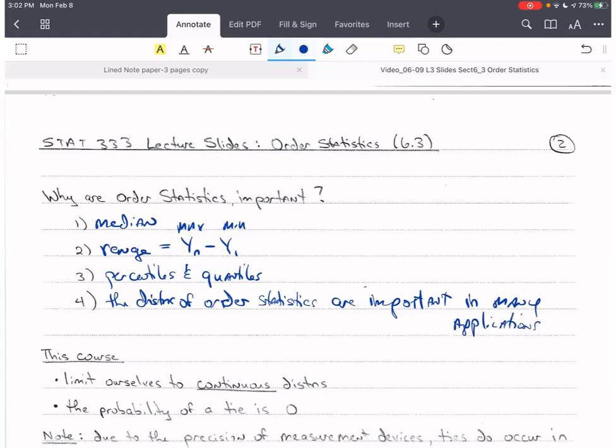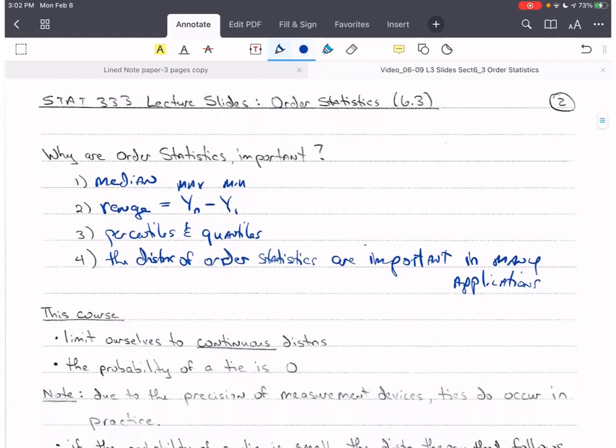And we'll see an example of this in section 6.4 for the maximum likelihood estimator. We'll see where one of the maximum likelihood estimators is y sub n, the nth order statistic. Okay? And so to find the bias of the MLE, we have to know the distribution. We have to be able to find the mean and the variance.